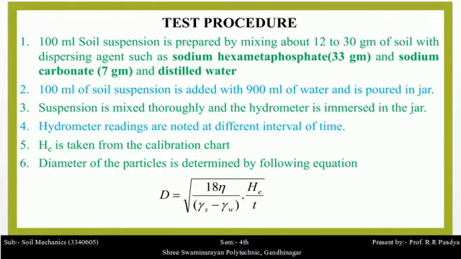Now the 100 ml of soil suspension is added to 900 ml of water and is poured in the jar. The suspension is mixed thoroughly and the hydrometer is immersed in the jar. Then hydrometer readings are noted at different intervals of time. The corrected height is taken from the calibration chart as we understood earlier.